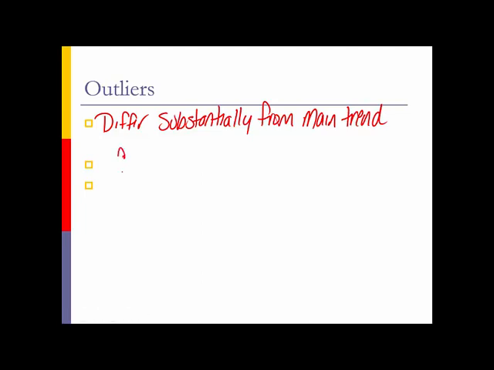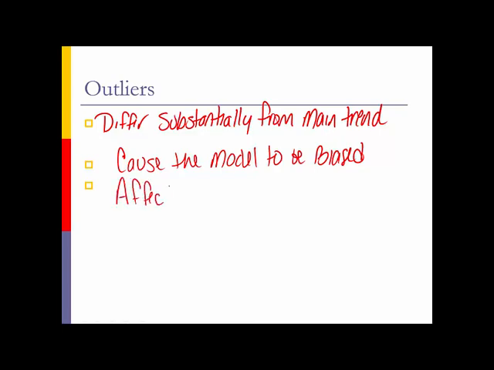And when that happens, we're going to end up with a model that's biased, and this is going to end up affecting our regression coefficient values. So that's really going to impact the model.